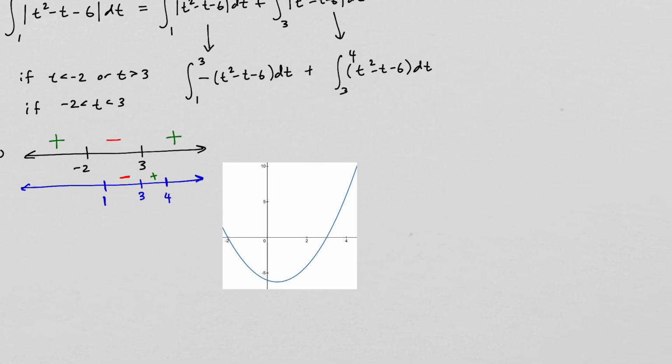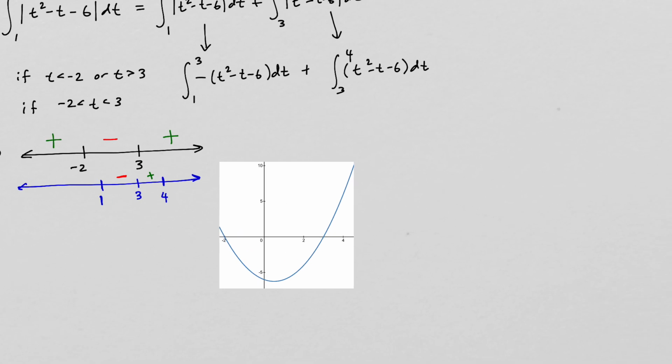To help you understand what we're doing here, I have a graph of the function v of t equals t squared minus t minus 6 right here. Now I want you to notice that when t is a number in between negative 2 and positive 3, you can see that the function is below the x-axis.